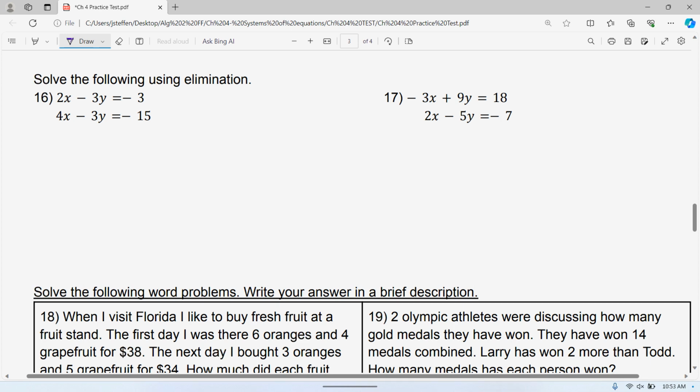The bottom, it's easiest to cancel out the y's. You could multiply the top by -2 and cancel your x's. That's fine if that's what you chose. It's a little easier if you multiply the top one by -1 or the bottom one.